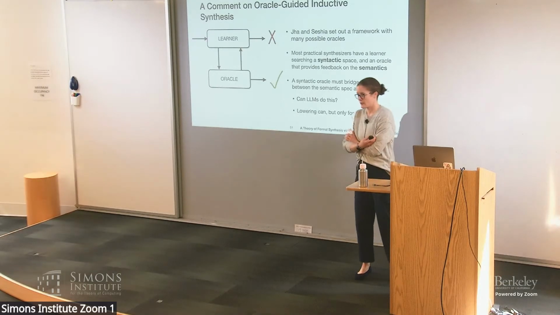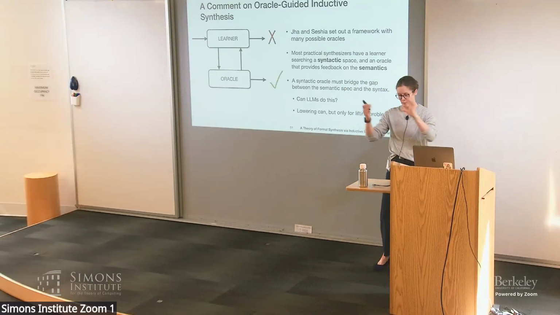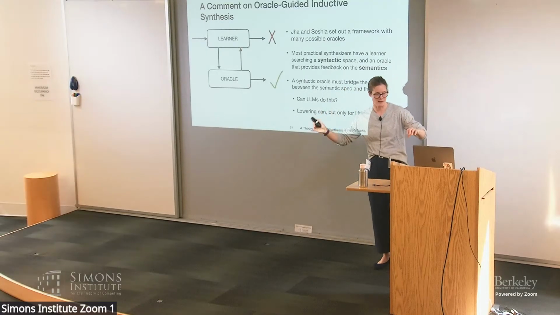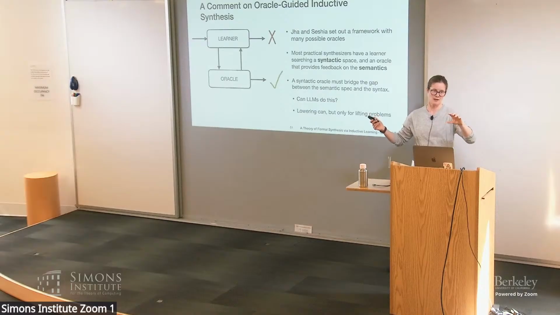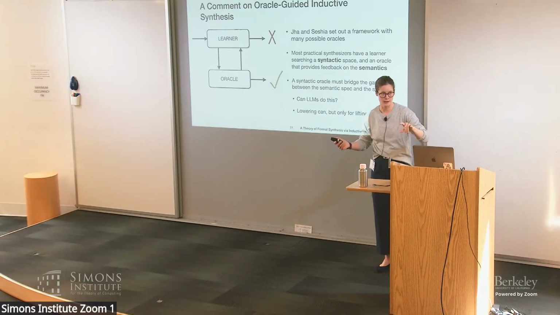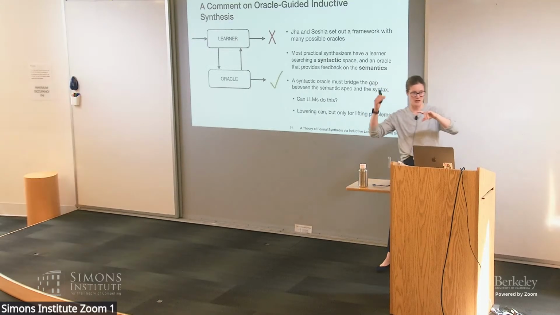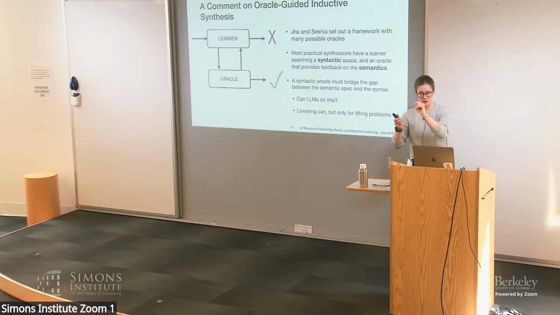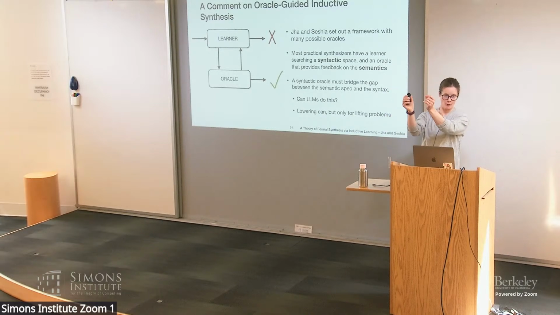If you want to bridge the difference between your semantic spec and the syntactic difference in your guess and your solution, this works really well for lowering. Your original specification was: find a program that is the same as lowered program 1 and find a program that's the same as source program 1.